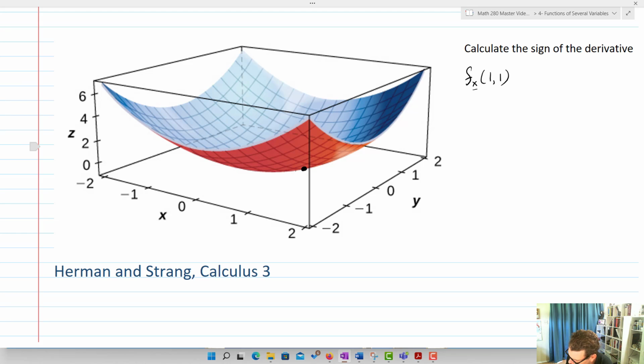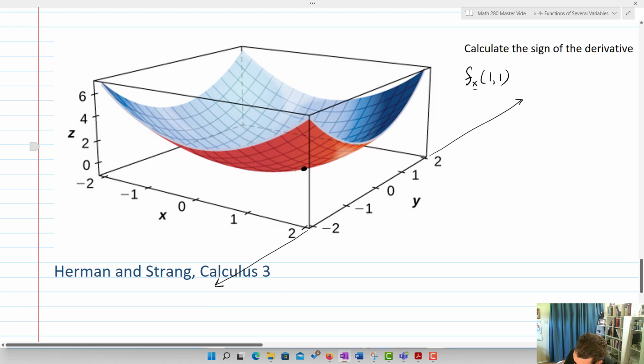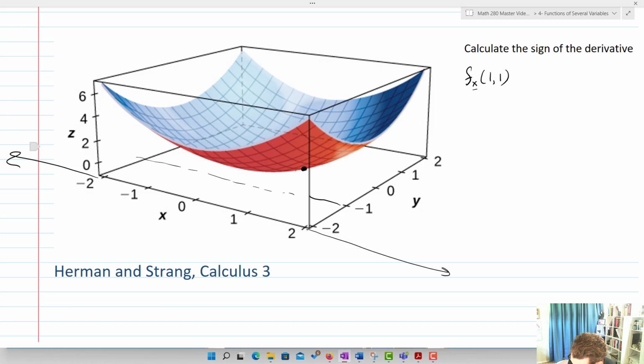All right? And what I'm going to do is hold my y's constant, so I'm going to be moving parallel to the x-axis, with respect to my x values. So I'm going to change my x's. I'm going to hold my y constant, so the y is going to be held constant along this line y equals 1, pardon me, okay?